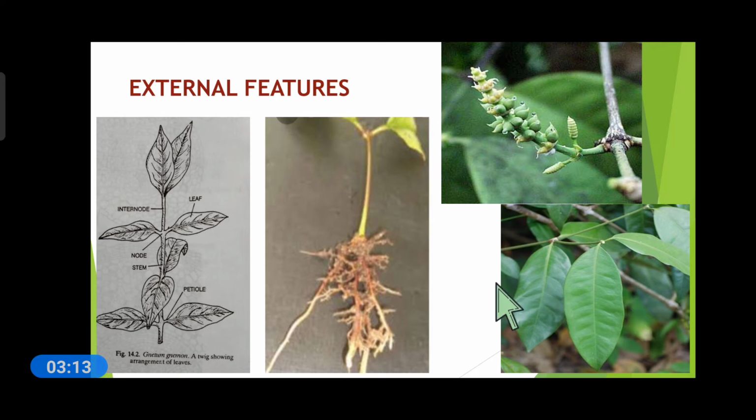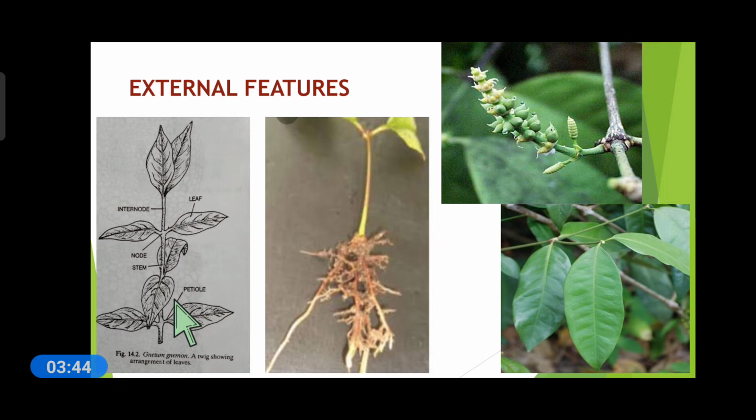Suppose this is the main stem, the branches will start arising from here, that is the axil of the leaves, meaning the point on the main stem where the buds or the shoots will develop. The space between the leaf and the main stem is the axil, and in this axil new branches will arise.